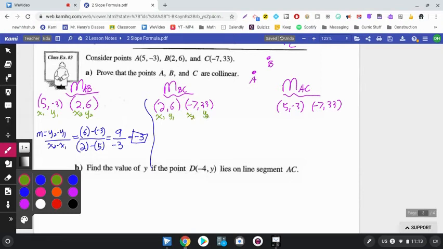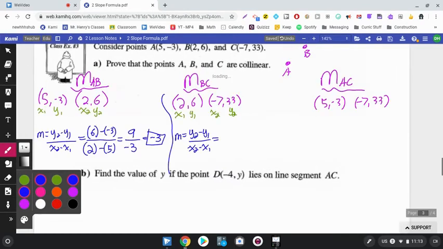So I've labeled my x1, y1s, and now I plug into the formula. y2 minus y1 over x2 minus x1 equals, well, 33 minus 6 over negative 7 minus 2. 33 minus 6 is 27. Negative 7 minus 2 is negative 9. That perfectly divides. I get a slope of negative 3.